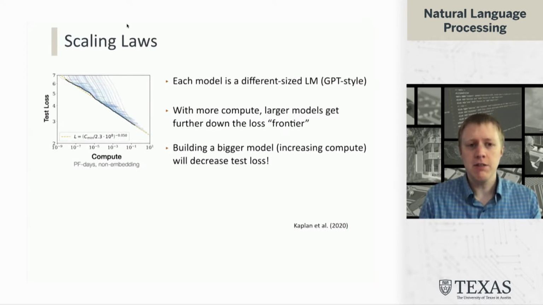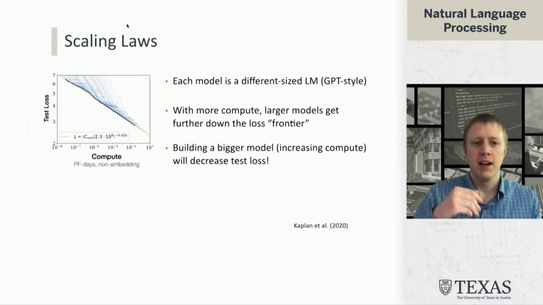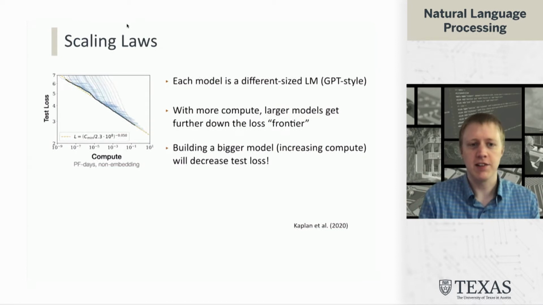The interesting thing is that these all bottom out along this compute versus test loss frontier, which suggests that, given the right configuration of your model, if you have more compute to throw at it, you can get better and better test loss.